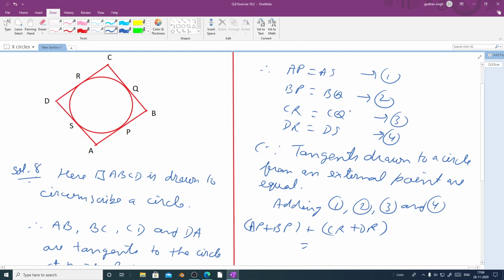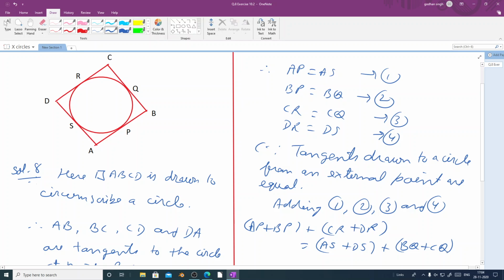AS and DS together will give us AD, so we group AS plus DS, and plus we can group BQ and CQ together, so BQ plus CQ.